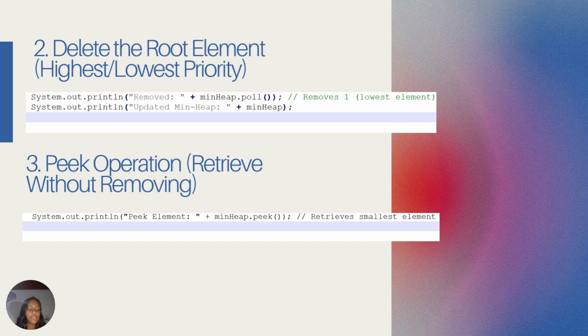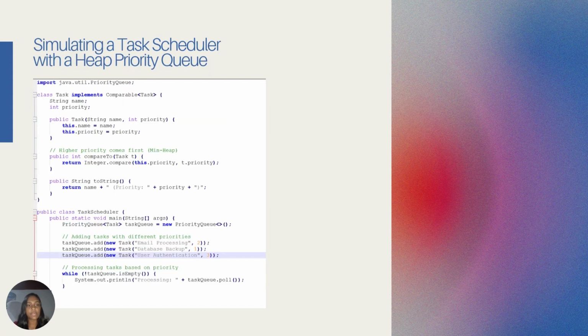That's another way to check if the queue is empty before peeking.